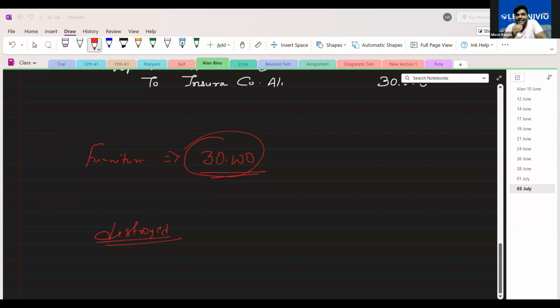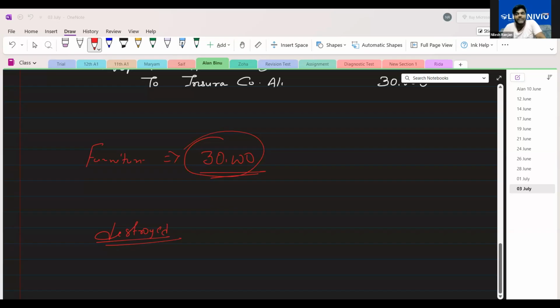Think about it. You are saying that because the insurance company has paid us money, we will assume that the mobile phone is there. Is that correct? Furniture is destroyed, so we have to remove it from our book because it is not there anymore. So we have to remove the furniture from the book.